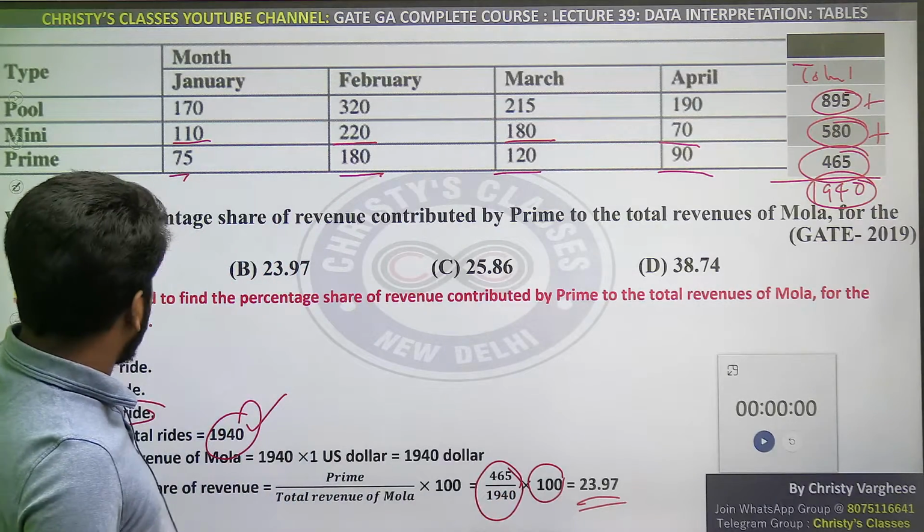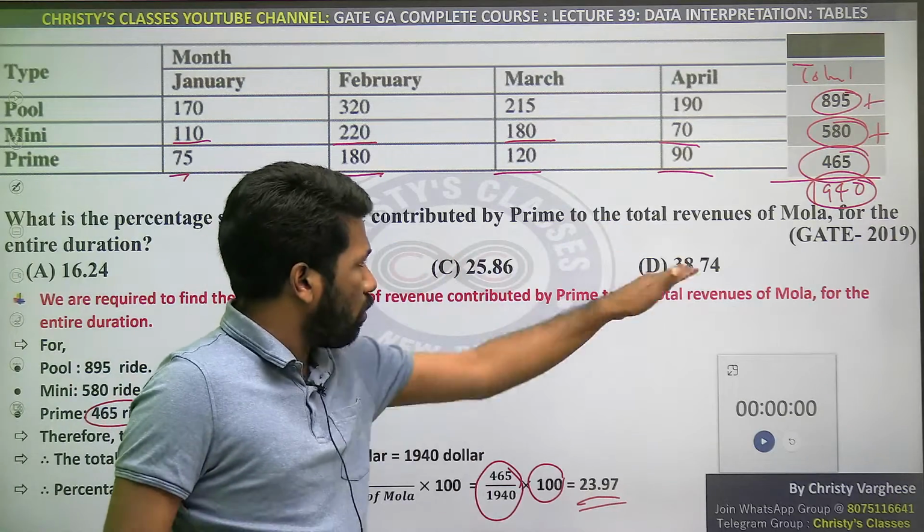ये चार options हैं ना. One option 25 above है, ये दो option 25 above हैं ना.